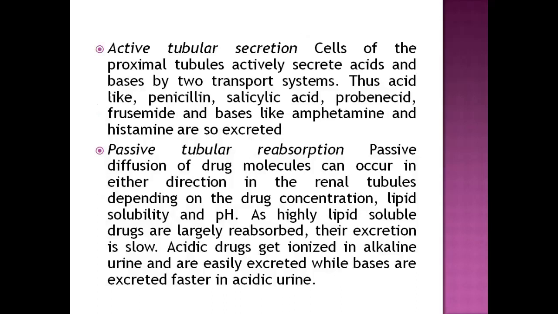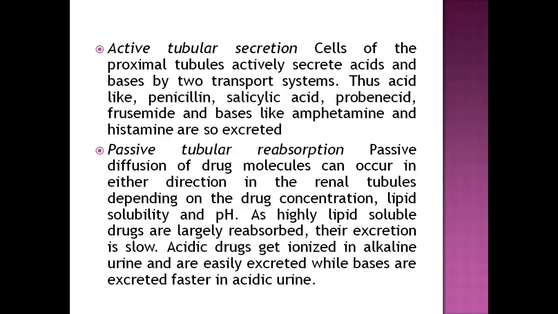Whereas in active tubular secretion, the cells of the proximal tubules actively secrete acids and bases by two transport systems. Thus, acids like penicillin, salicylic acid, probenecid, furosemide, and bases like amphetamine and histamine are excreted through active tubular secretion.